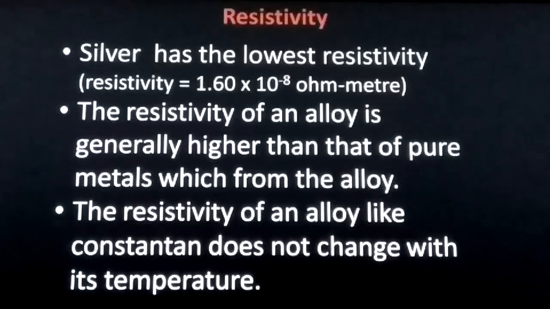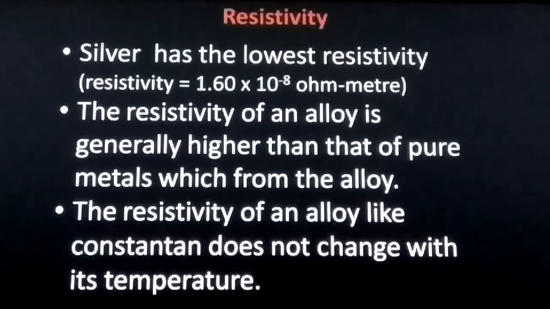Students, this is some information about the resistivity of metals and alloys. Why do we want to understand this? Because we use different types of metals in different instruments depending on their working.